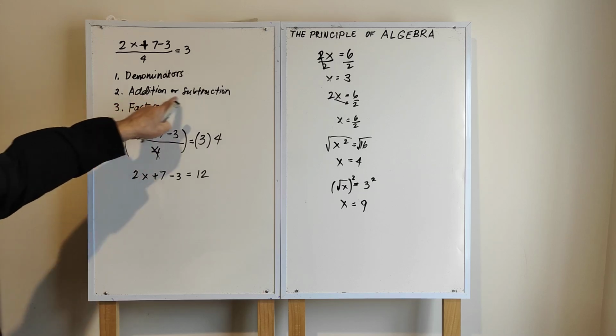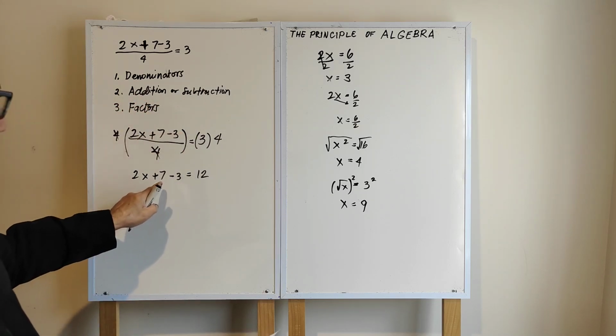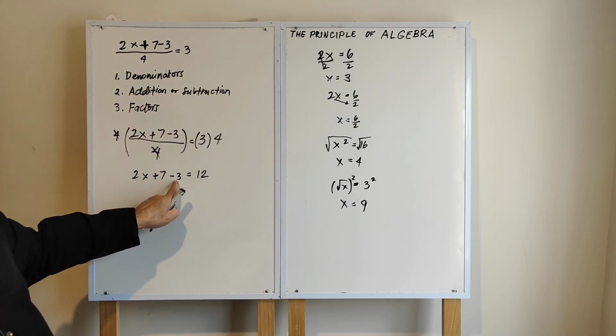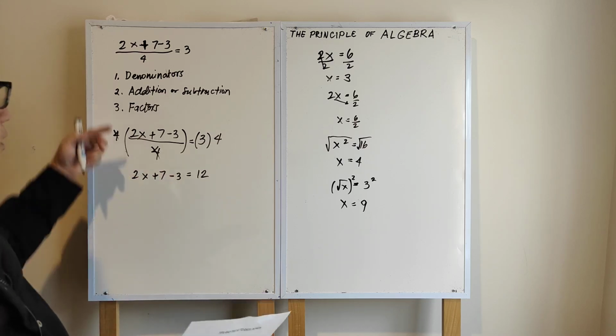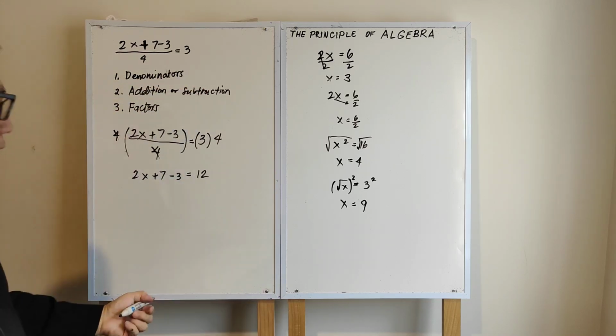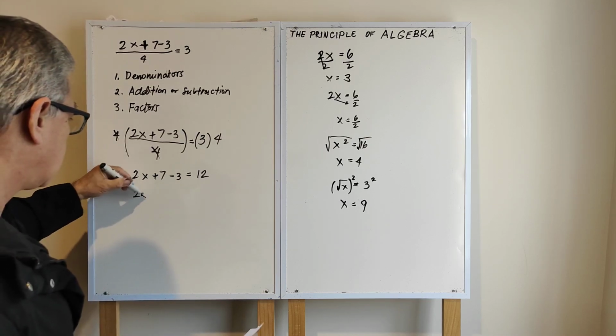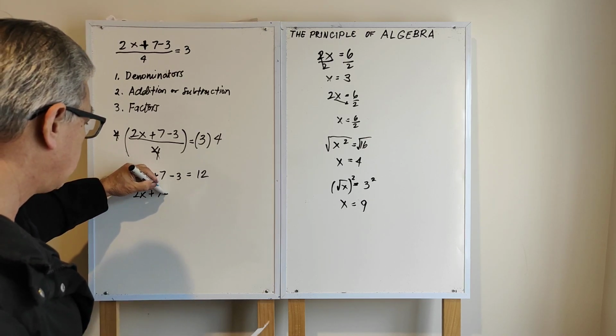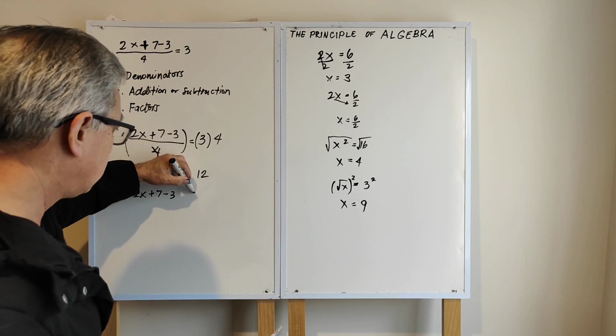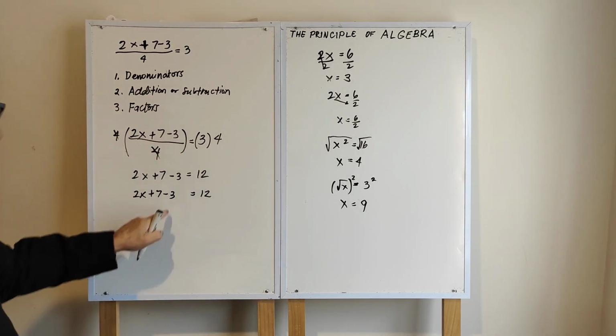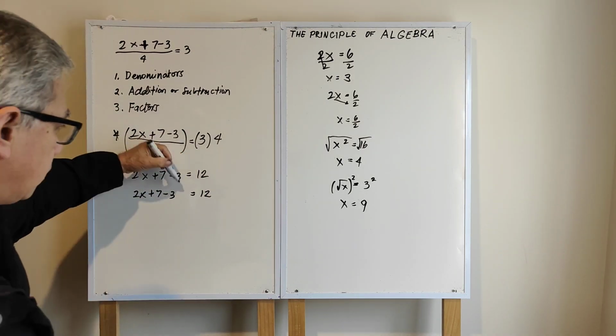Now, the next one is addition or subtraction. So, it doesn't matter if you remove this one first or this one first because they're on the same level. Let's remove the minus 3 first. So, 2x plus 7 minus 3 is equal to 12. To remove minus 3, you have to add 3.